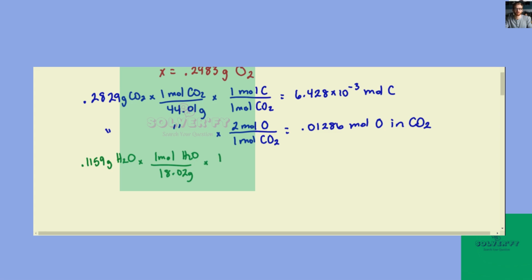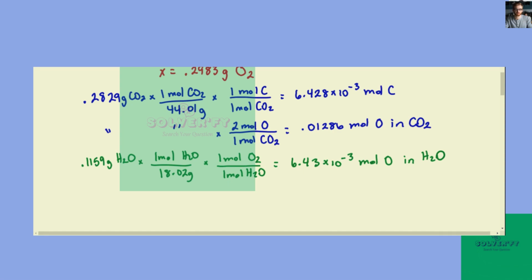Then we're doing 1 mole of O for every 1 mole of water. This gives me 6.43 times 10 to the minus 3rd moles of oxygen in water.